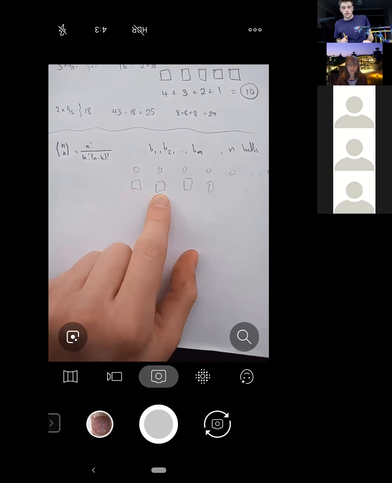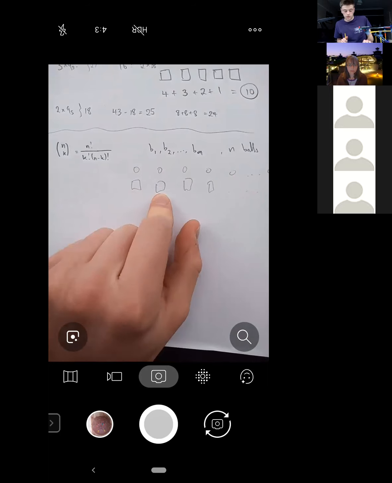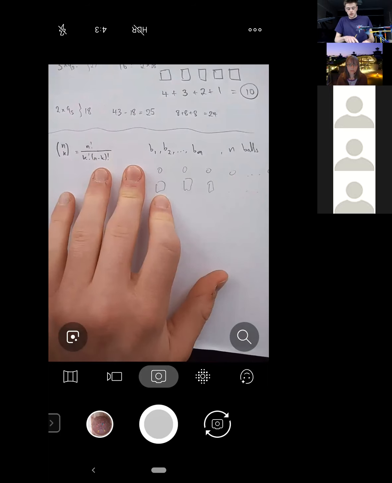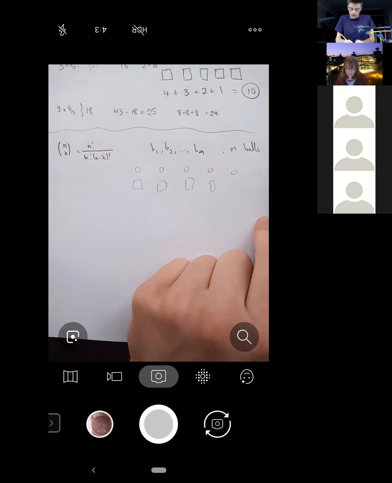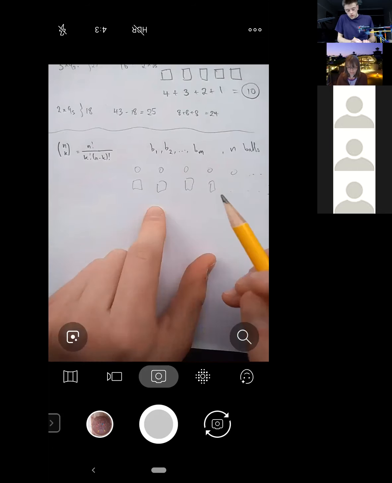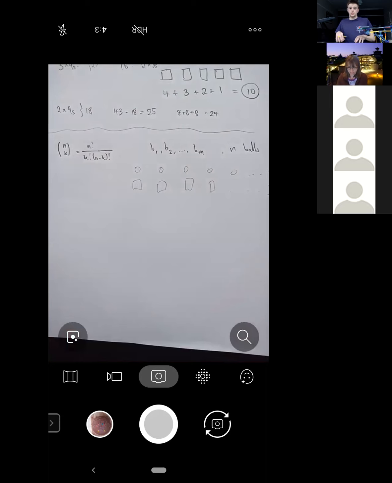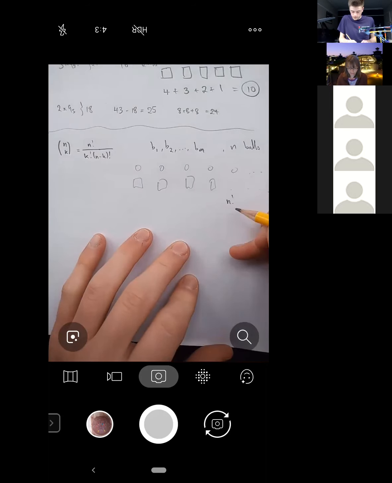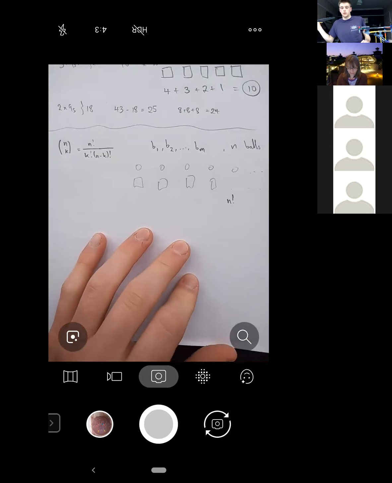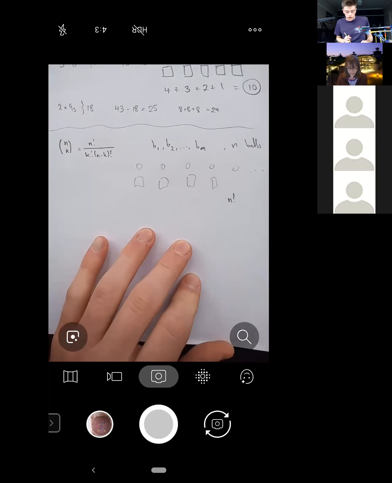But then I only have N minus 1 choices for which ball I put in here because I've already used up one. And then similarly N minus 2. And then down to the very end, in the last slot, I've got no choice because I've only got one ball left in one slot. So the number of permutations, the number of ways of messing about these balls, is N factorial, which is N times N minus 1 down to 2 times 1.